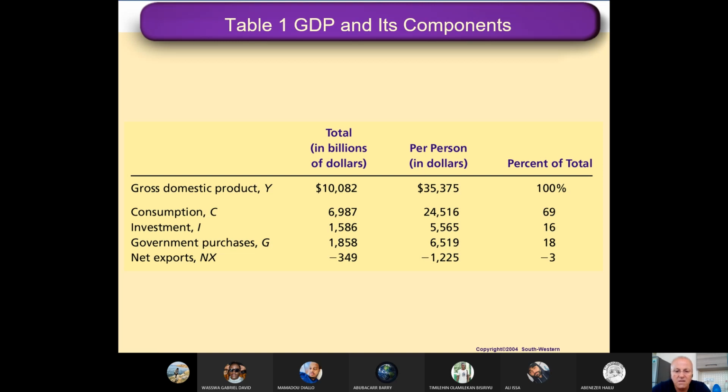This is then, of course, in percentages: 69% consumption, so this GDP comprises 69% from consumption, 16% from the investment, 18% from the governmental purchases, and unfortunately minus 3% from the net export, which is negatively responding as a result of these export-import differences, which are usually negative and affecting, of course, changing negatively the GDP, also called the output.